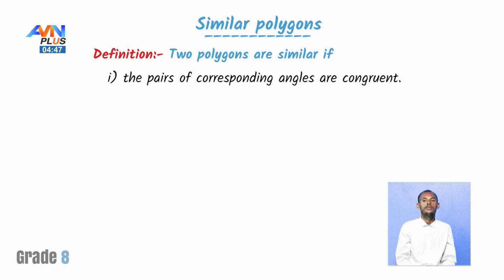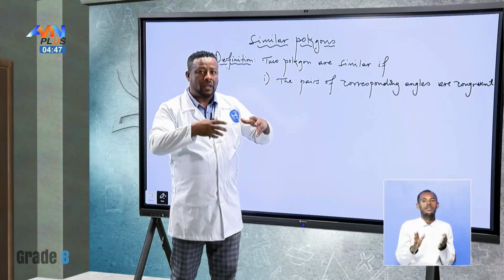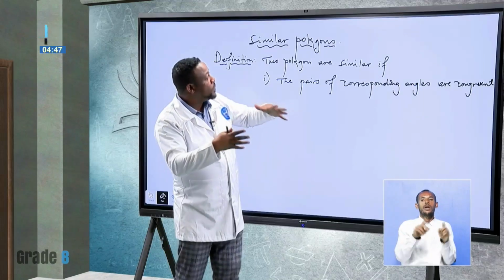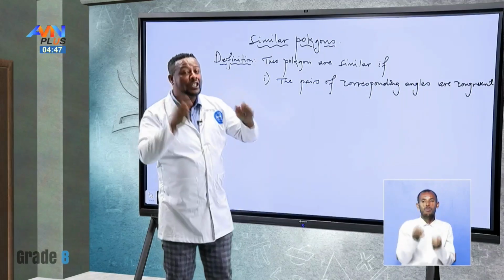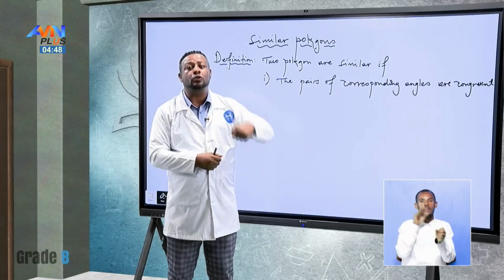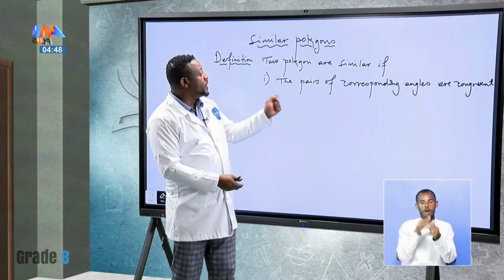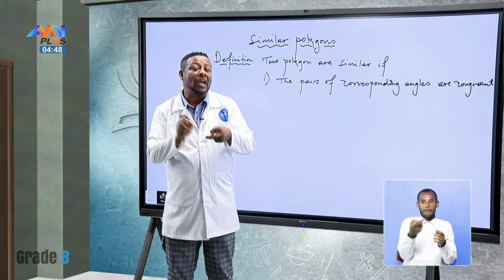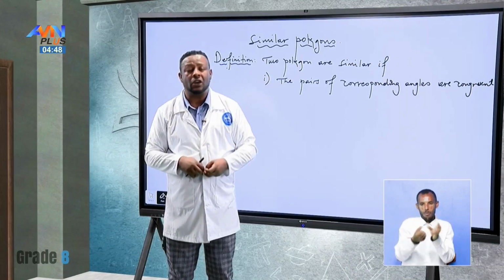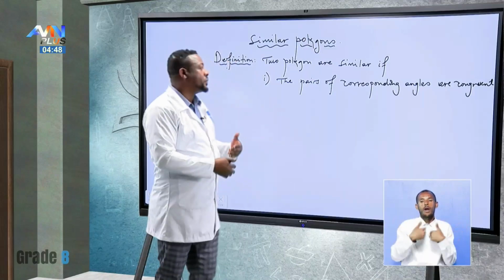Okay, whenever we compare two polygons, we need to consider two conditions, necessary and sufficient conditions, to say that two polygons are similar. So one of the conditions is the pairs of corresponding angles of a polygon should be congruent. Okay, this is one criterion. We have one more criterion.